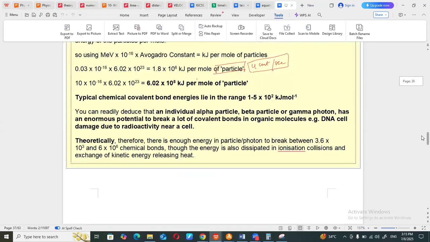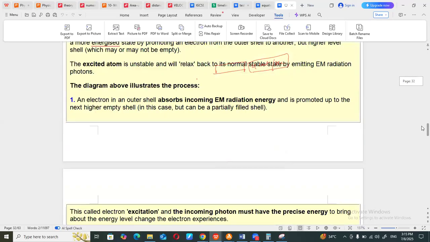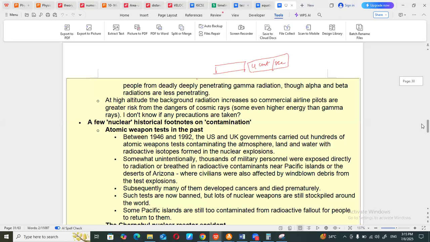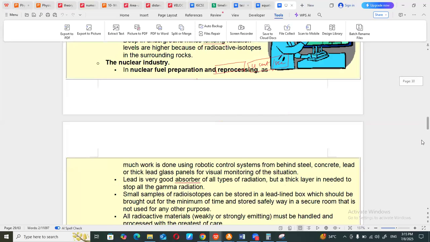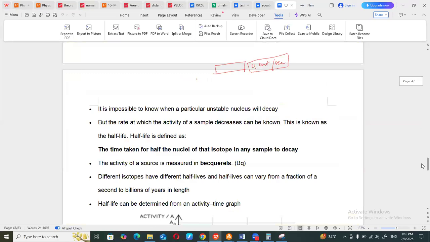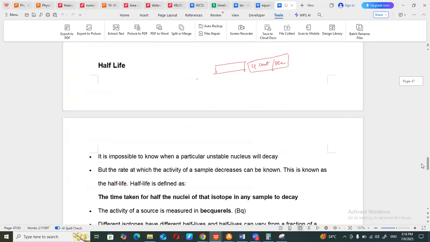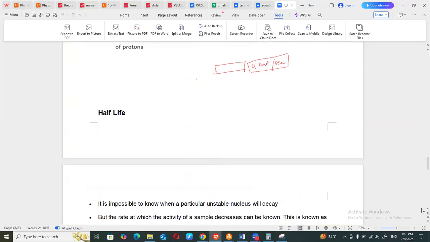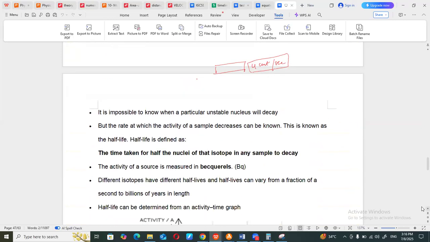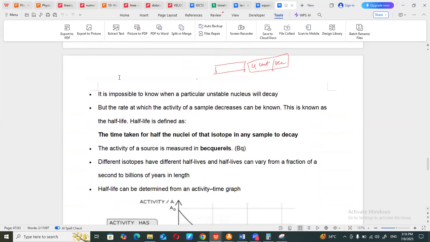Now there is a small topic which we continuously talked about: half-life. Now, what exactly is the half-life? When you say half-life, the concept is very interesting. Radioactivity means it's a decay, right? For example, you have 40 atoms, and in the time it takes, 50% of the atoms will have decayed.